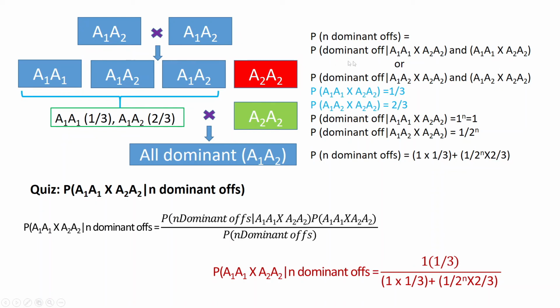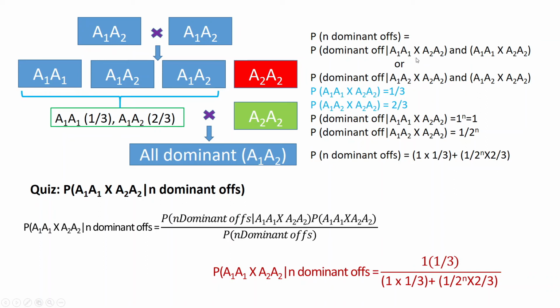Now let's look at the probability of offsprings, which we can get either in this cross or this cross. If this cross happens, then the probability of dominant offspring is 1. Why? We are certain that this one parent is going to be there. Therefore, the probability of this parent is 1, times, we are not certain that this one is going to be there. But if it comes, then the cross of this and this will give A1, A2.